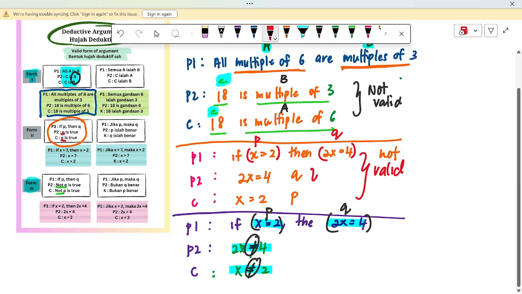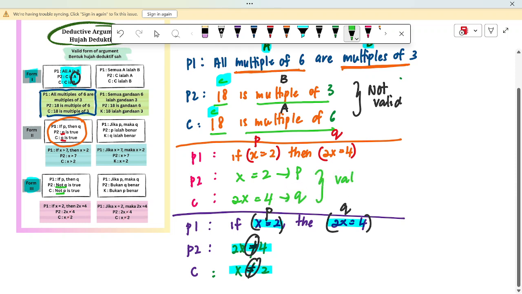So this part, the second form, it is not negation, means it's positive: x equals to 2, 2x equals to 4. So you write your P first, only then you write your Q. So this is valid following the sequence. But this one, we already added not equals to for both. So you need to put your Q first, only then your P. So this will be valid because it's fulfilling the third form.